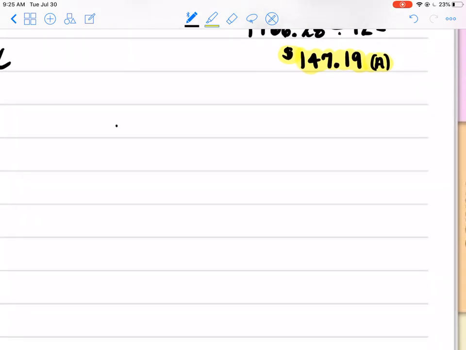Okay, turning the page to page 22, problem 15. 2 gallons of paint cover 800 square feet, and you want to paint 1,800 square feet. How many gallons of paint do you need?